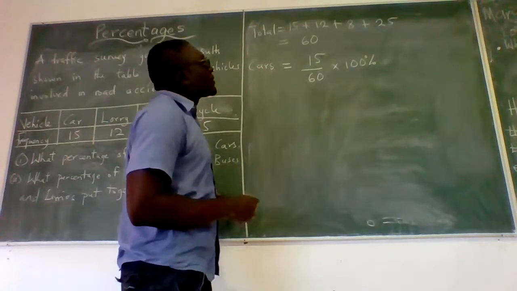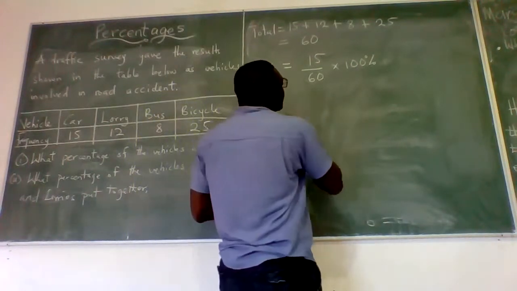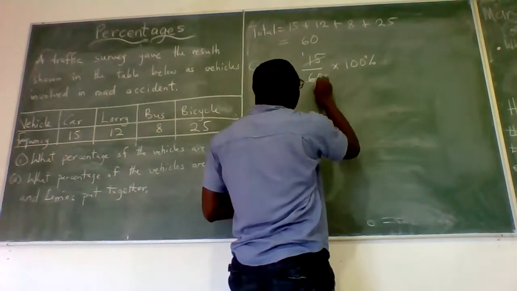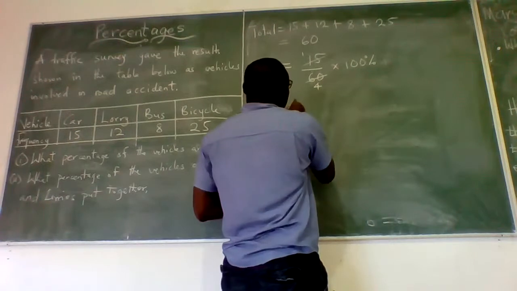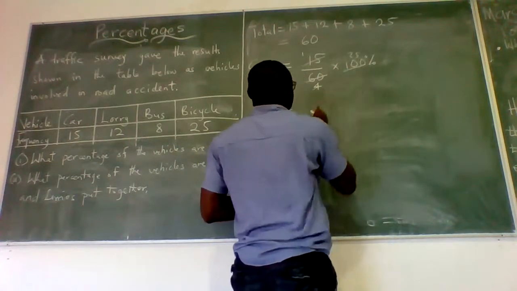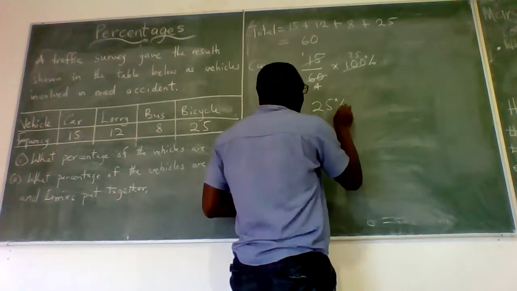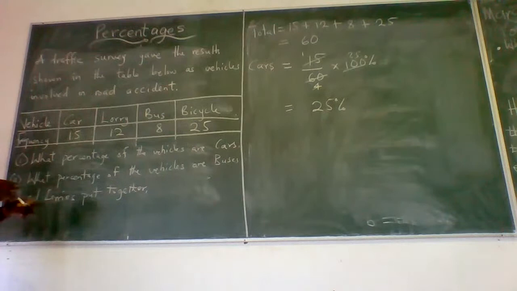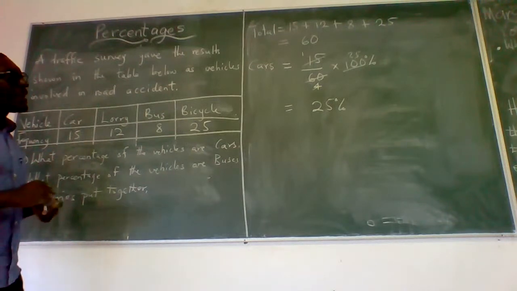Okay, so 15 can cancel itself once and cancel here 4 times. And when we divide 100 by 4, that should give us 25. So it means that 25% of all the vehicles that are involved in road accidents are cars.